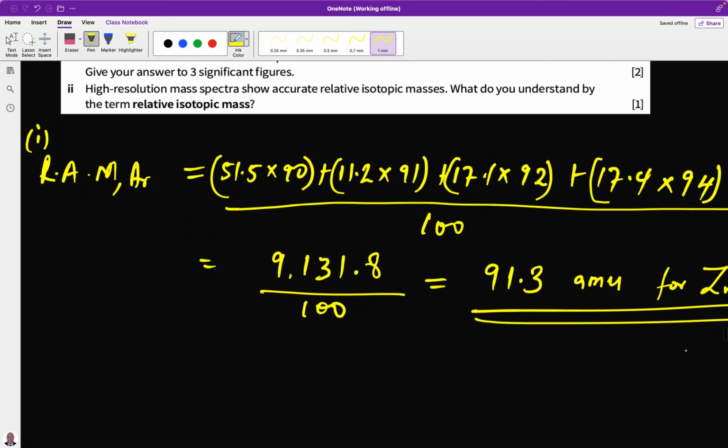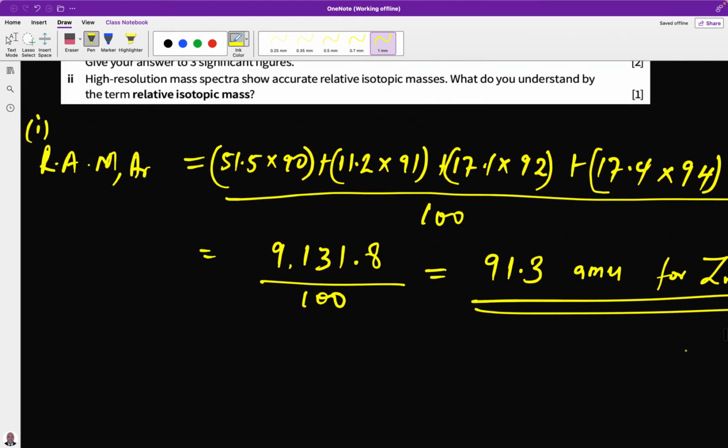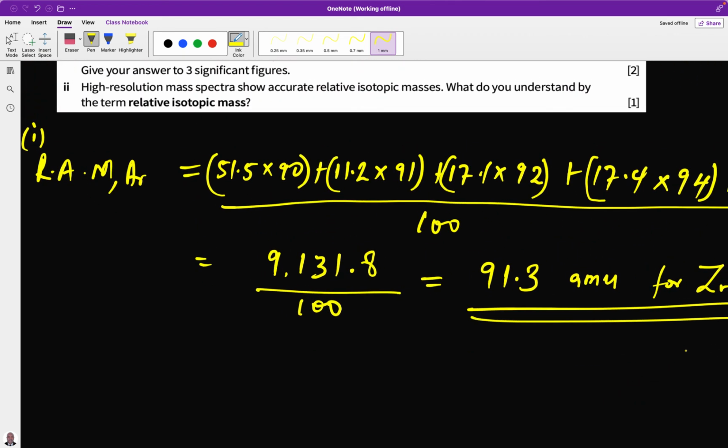Then the last section is high resolution mass spectra. High resolution mass spectra show accurate relative isotopic masses.